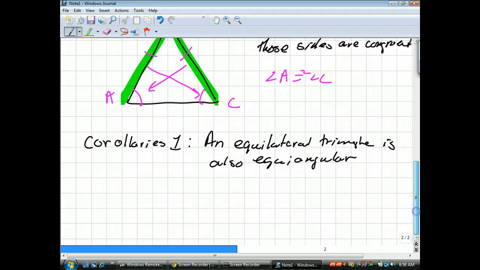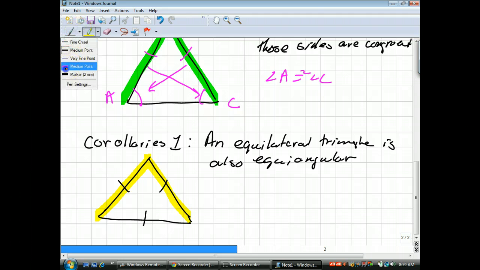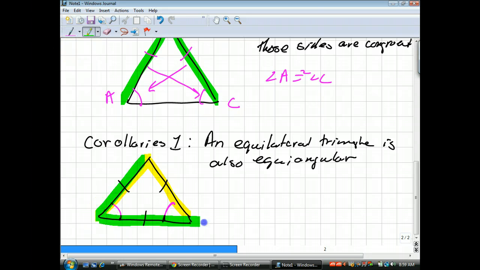Okay, and again, that makes sense because if I have an equilateral triangle, so all three sides are the same. So if I say that these two sides are congruent, then I know that this angle is congruent to that angle. But if I say that this side is congruent to this side, then this angle has to be congruent to that angle, and therefore all three angles must be congruent.